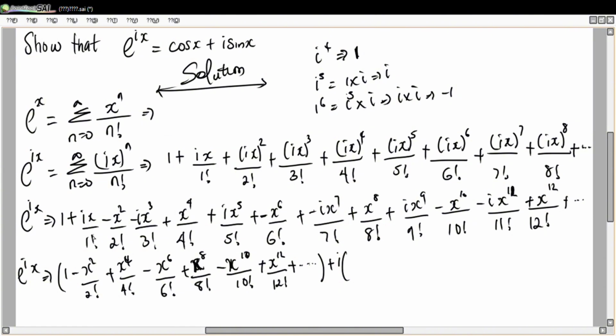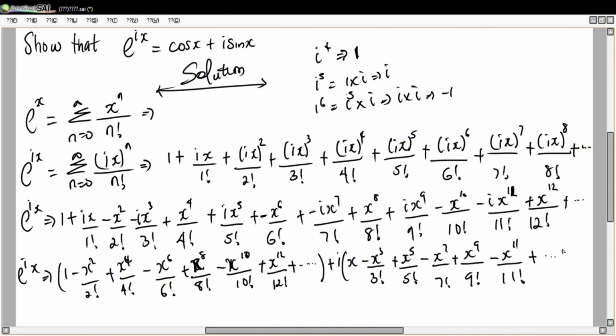That is x, then minus x cubed over 3 factorial, then plus x raised to the power 5 over 5 factorial, then minus x raised to the power 7 over 7 factorial, then plus x raised to the power 9 over 9 factorial, then minus x raised to the power 11 over 11 factorial plus dot dot dot.